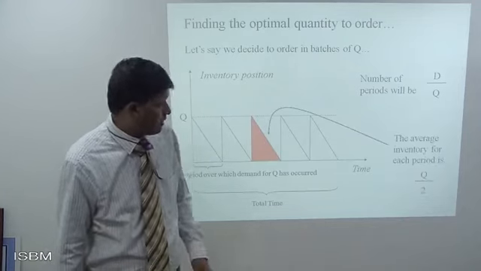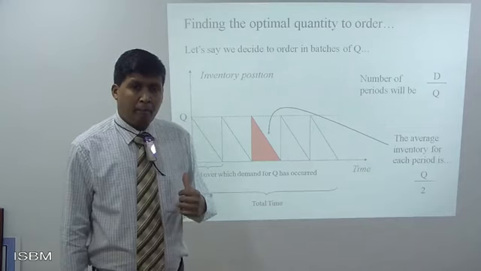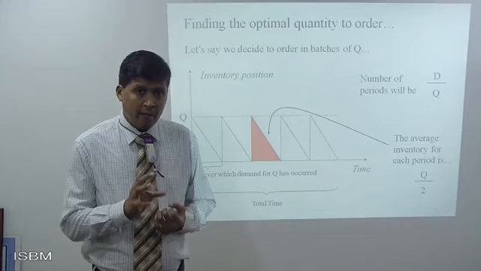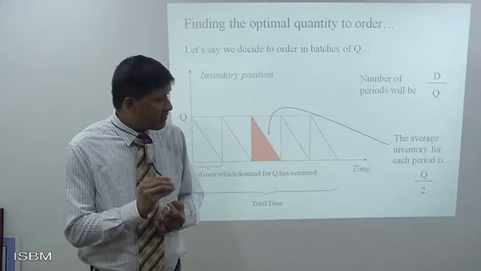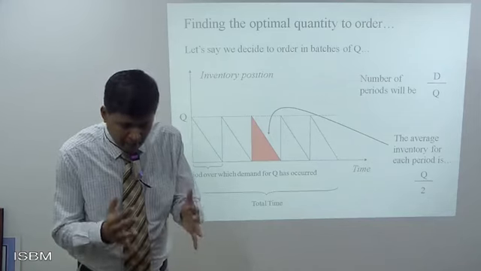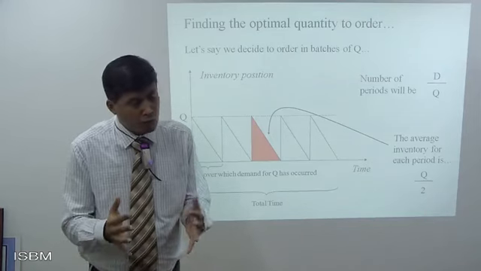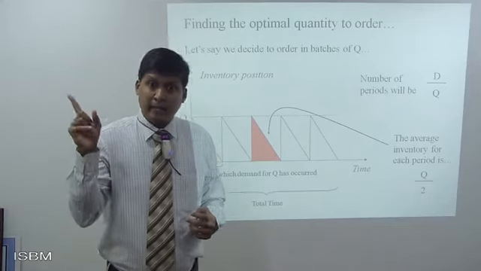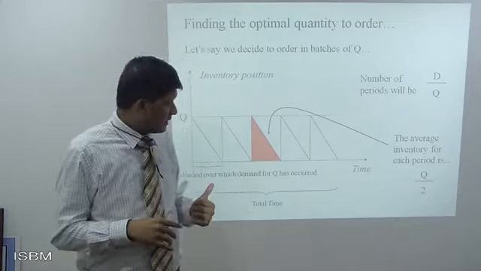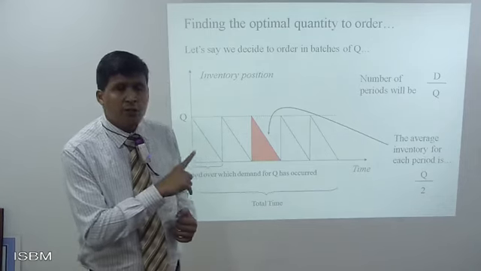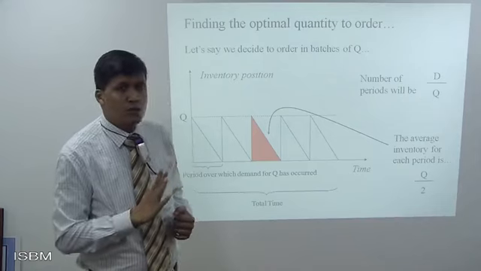The part of the graph marked in red is the average inventory for each period. Now the period might be monthly, quarterly, fortnightly, weekly, depending on the industry. In the milk example, it was daily. So average inventory for each period is Q by 2.